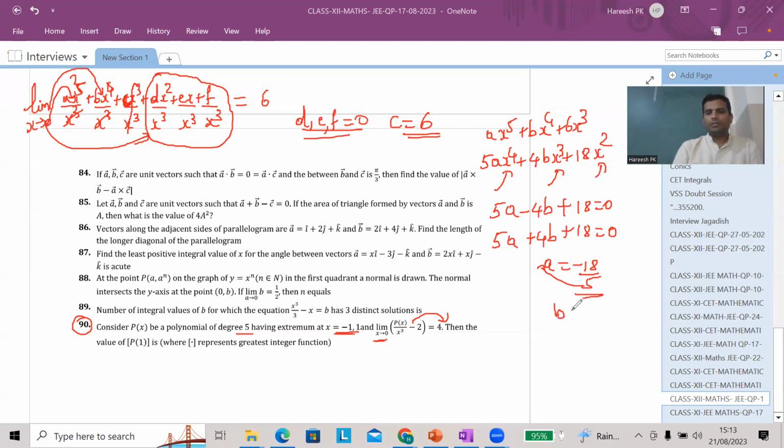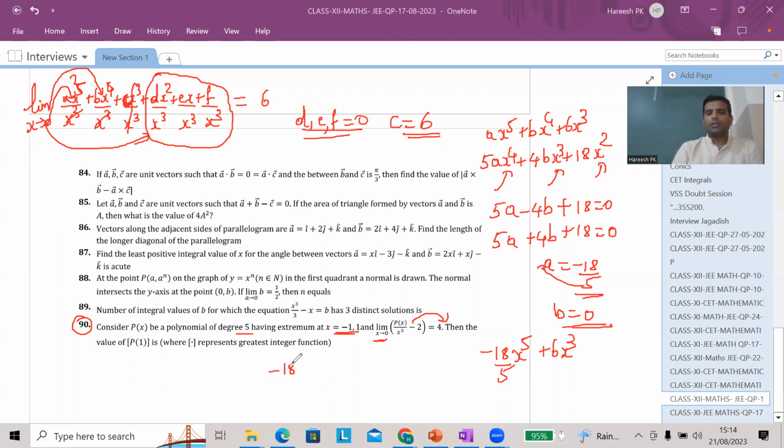And b will end up to be 0, isn't it? So the polynomial is simply minus 18 by 5 x power 5 plus 6x cubed.